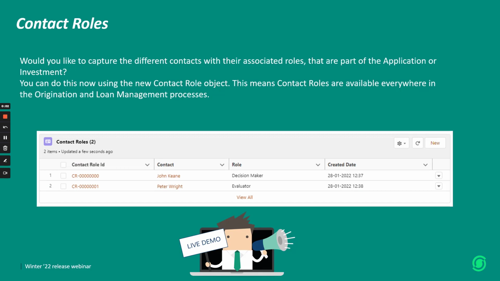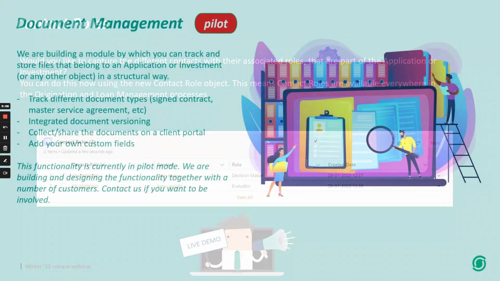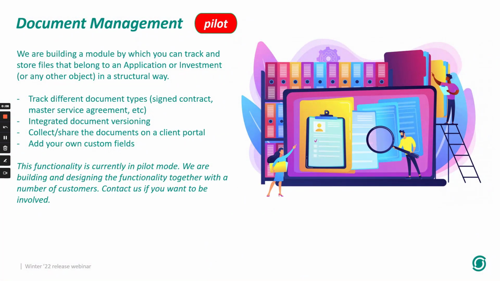Thank you, Ivy. Let's continue with the next piece of new functionality, which is document management. So we are building a module by which you can track and store files that belong to an application or investment, or any other object for that matter, in a structural way.